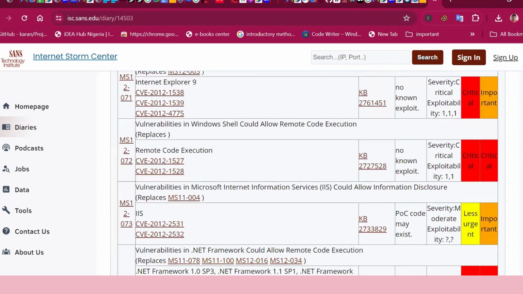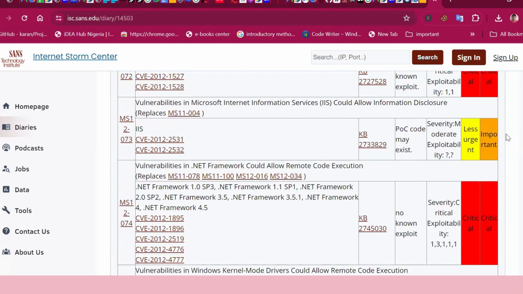Yes, 2532. Okay, here it is. It's less urgent, but it's important.